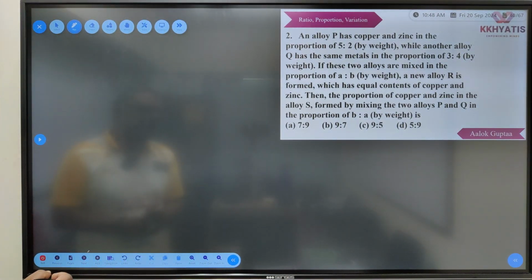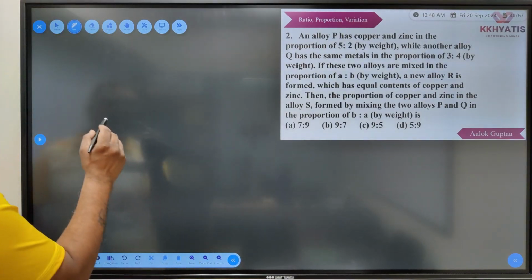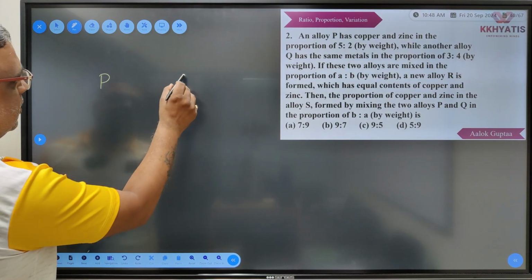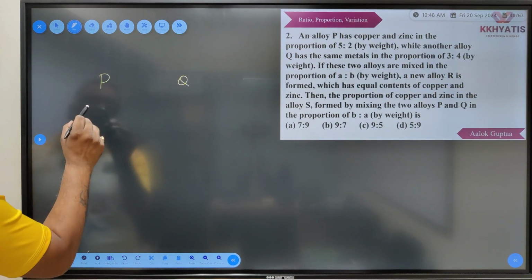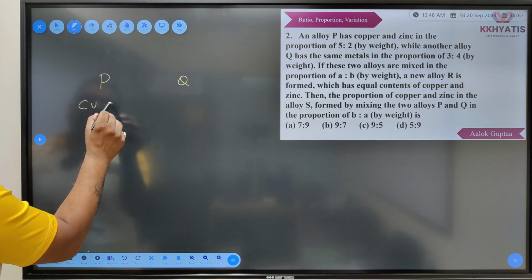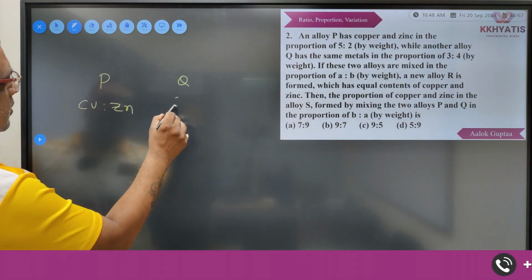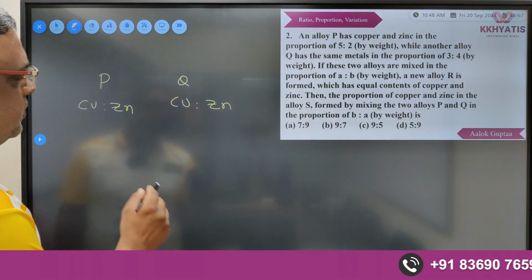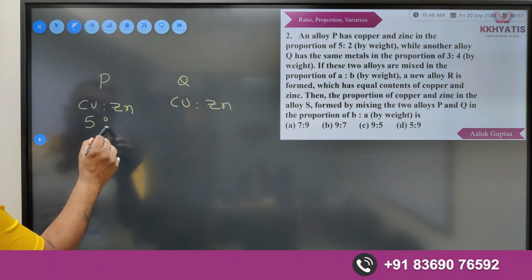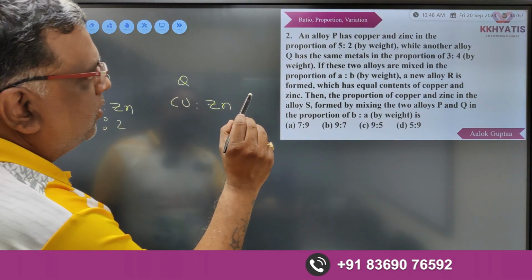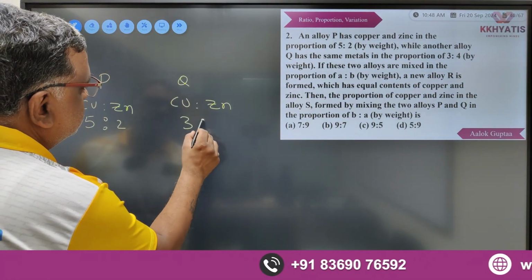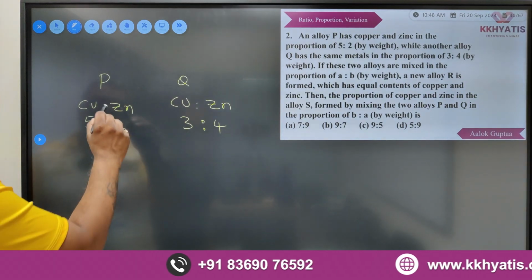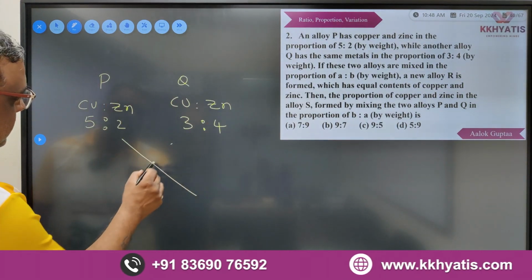So let us understand how we address this problem. I have an alloy P and alloy Q. They have copper and zinc in some proportion. In the first one we have 5:2. In the second alloy Q we have this in proportion 3:4. Now they are mixed in the proportion A:B.